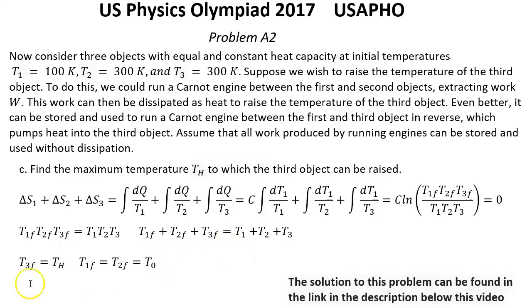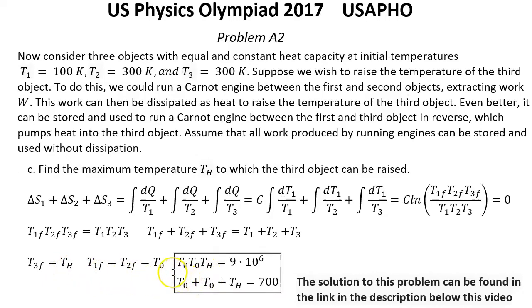When we assume that the third object has the highest temperature TH, the 2 others must have the lowest temperature T0. It means that we have these 2 equations, and using these initial numbers 100, now eliminating T0, we have this equation, and 1 root of this equation is obvious, that's TH equal 100.